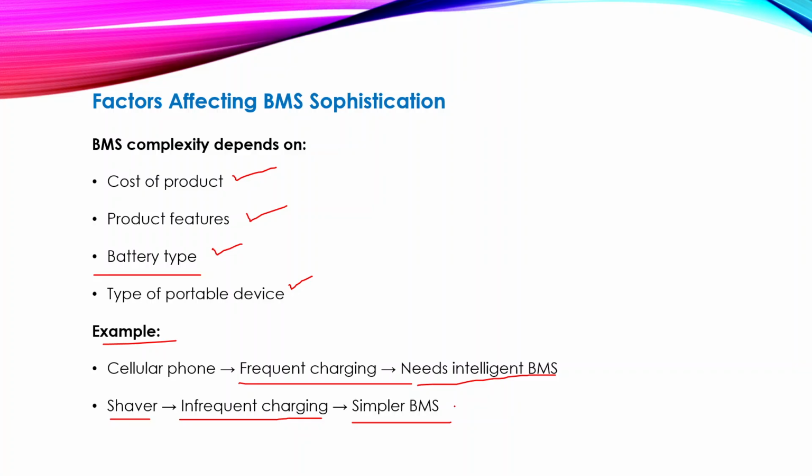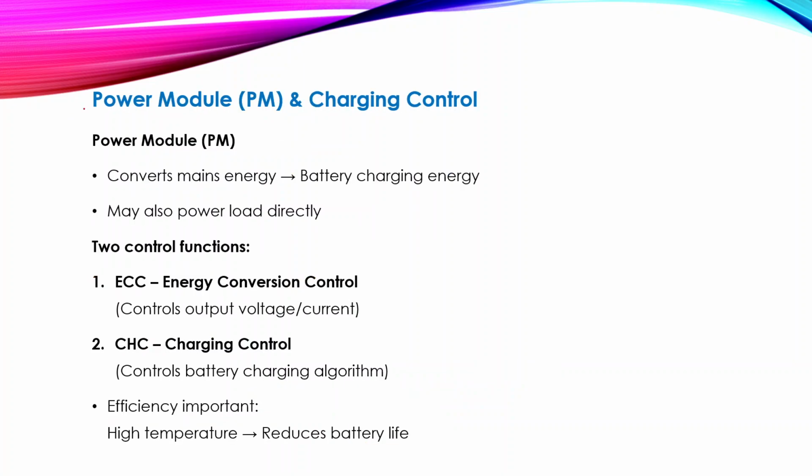And after this, we are going to discuss the power module and charging control. Here we can see the main goal of this power module is to convert the energy. The power module converts energy from mains or other sources into suitable charging energy for the battery. It performs two main functions.